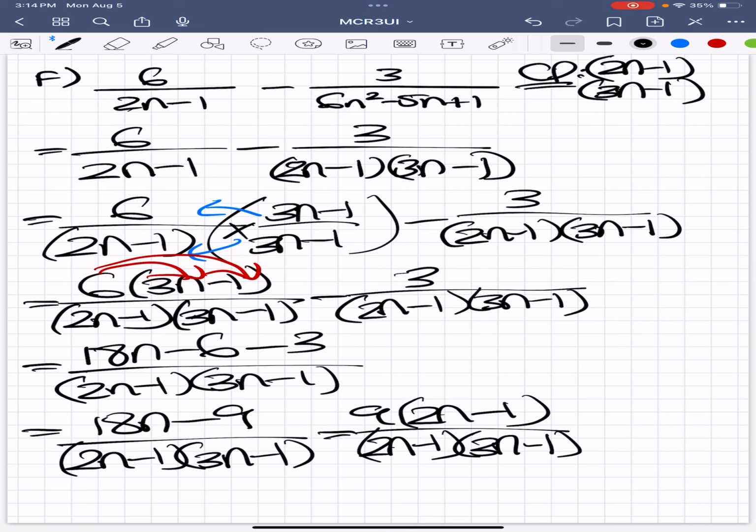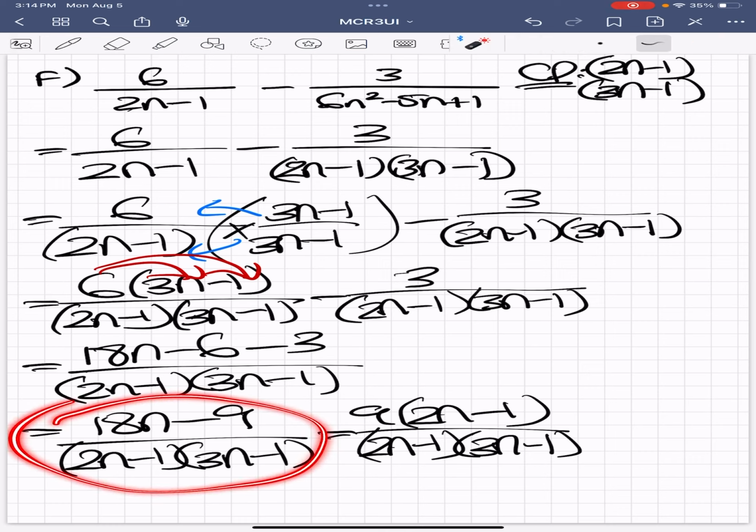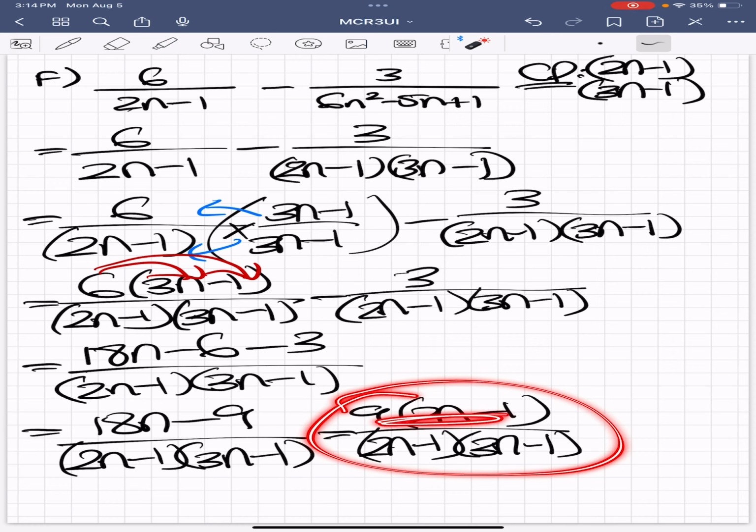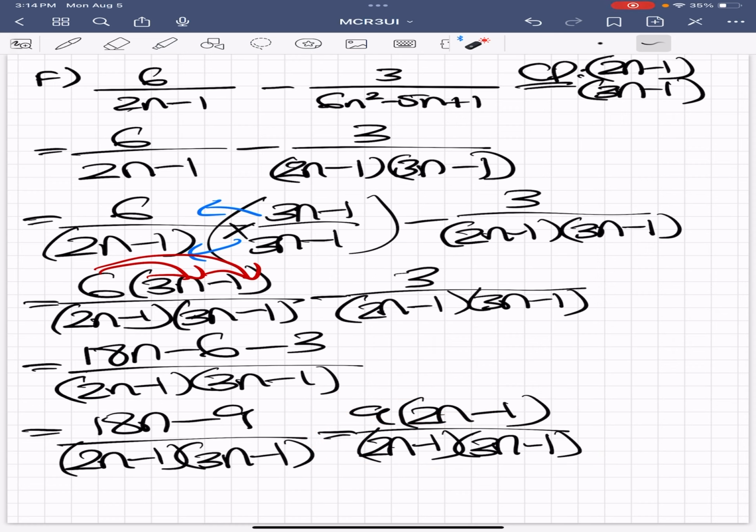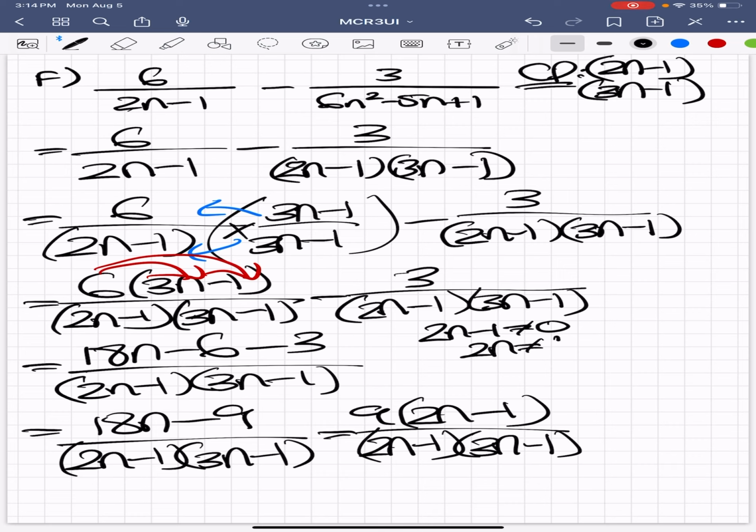But you can leave it like this, I would accept this as a good answer, but you're going to need to common factor that out. And then we have our restrictions. 2n - 1 cannot equal 0, so 2n cannot equal 1, n cannot equal 1/2.